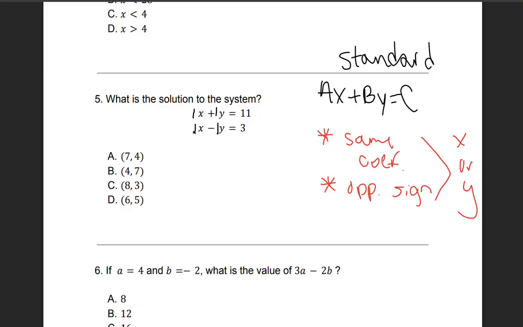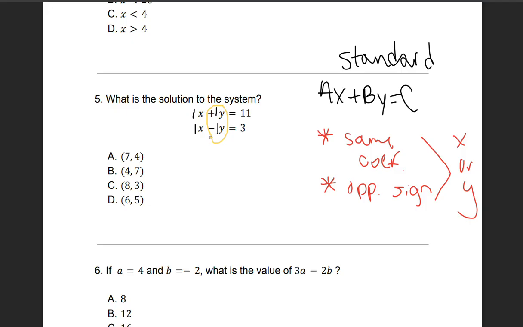So do they have the same coefficients amongst x's or the y's? They absolutely do. But do they have the opposite signs? Well, for x's, those are not opposite signs, those are both positive. But for the y's, they are in fact opposite signs, which means I can eliminate my y.